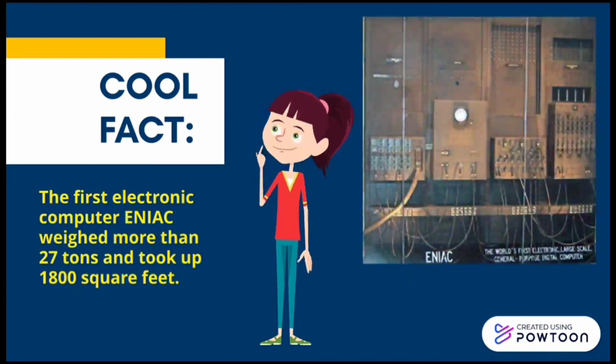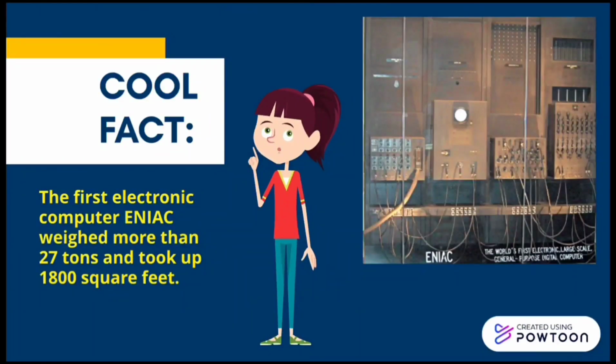Time for a very quick, cool little fact. The very first electronic computer, ENIAC, actually weighed more than 27 tons and took up around 1,800 square feet of space. That is extremely huge when compared to the thin, sleek and small PCs, laptops and computers we have today.